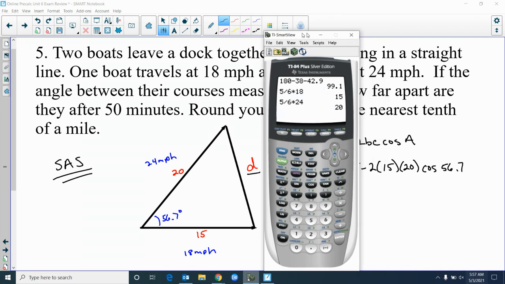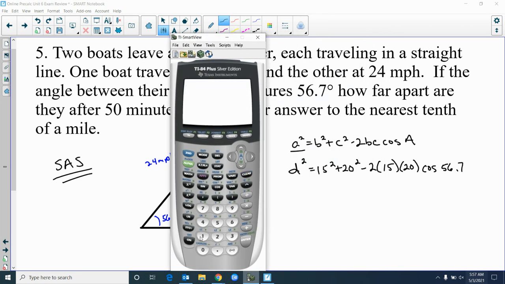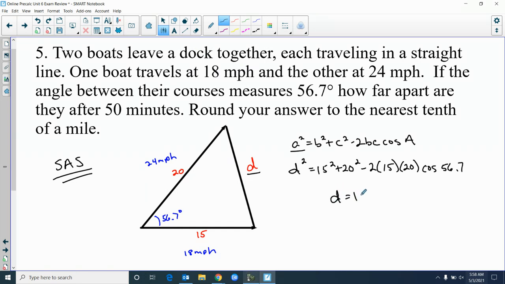Using my calculator, remember, that's d squared. Take your square root, and I get 17.2 if I round to the nearest tenth. So the distance equals 17.2 miles between the two boats.